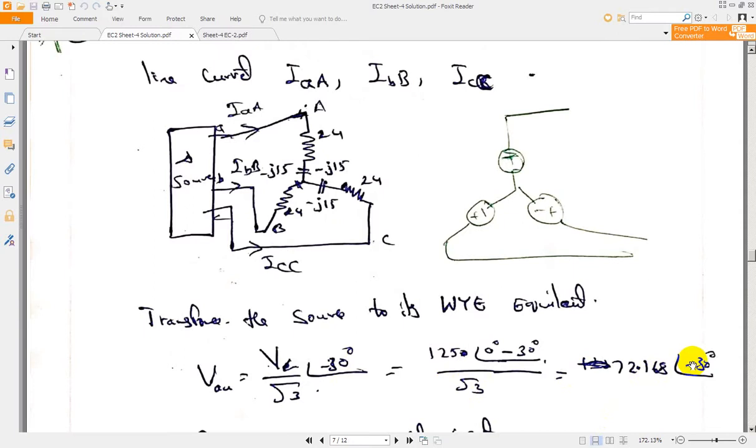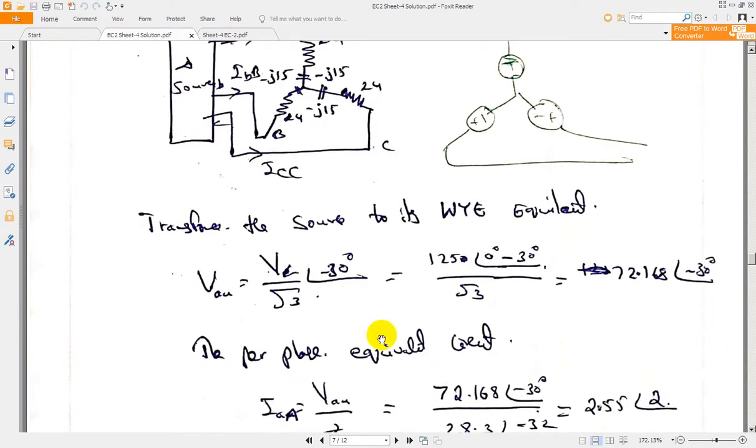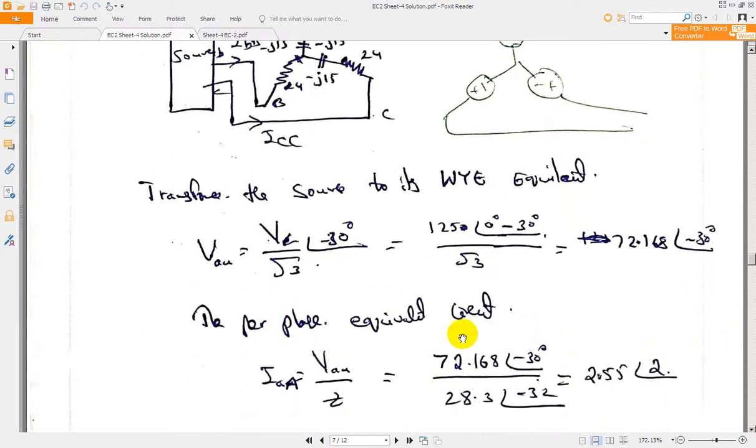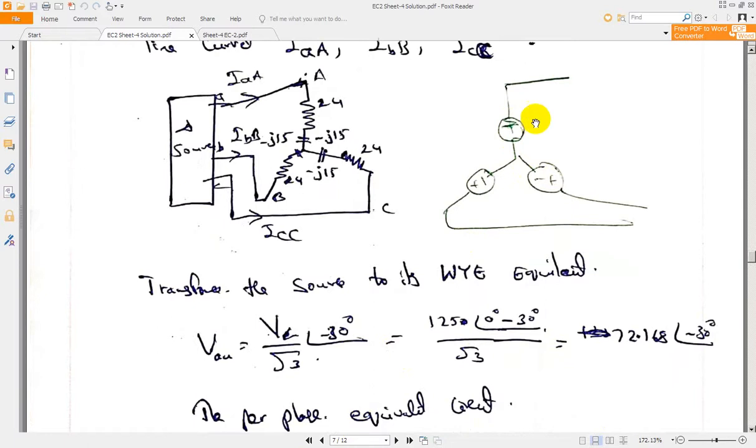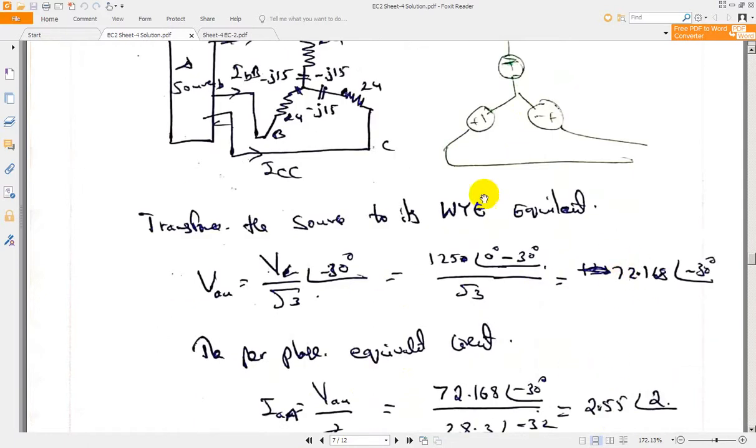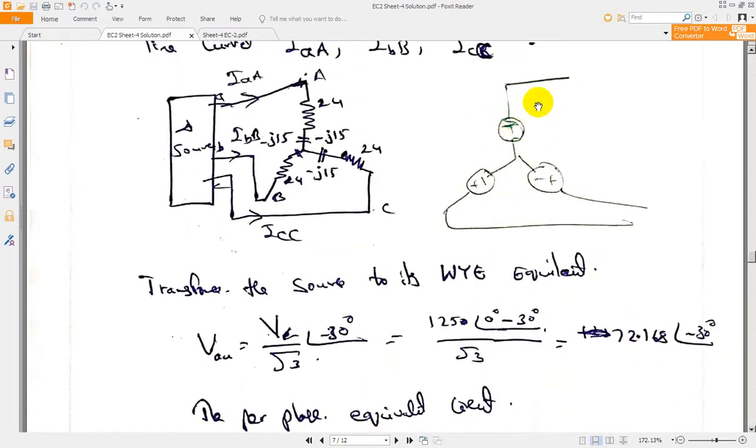You will get 72.168 at minus 30 degrees. Now the per phase equivalent current: IA is equal to VAN by Z, where VAN is 72.16 at an angle of minus 30.